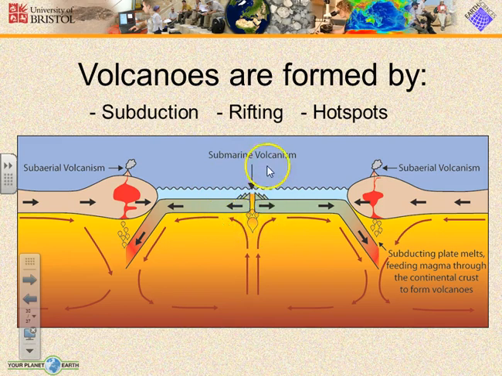That's volcanic activity. And then also hotspots, which is going to be our next slide. So these are the three ways that volcanoes are formed: subduction, rifting, and hotspots.